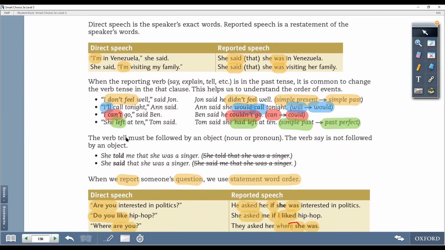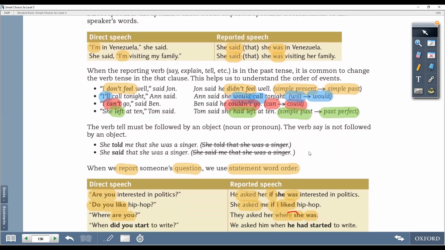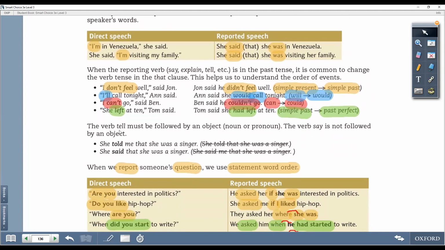So there is an observation with the verb tell. The verb tell must be followed by an object, a noun, or a pronoun. The verb say is not followed by an object. So let's see some examples. The first one: she told me that she was a singer. So I need to use a pronoun after the verb told, actually tell.